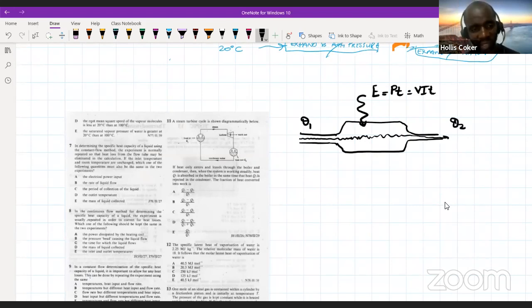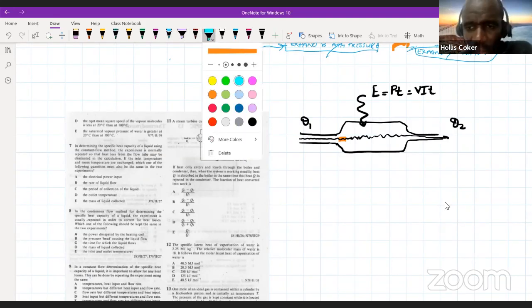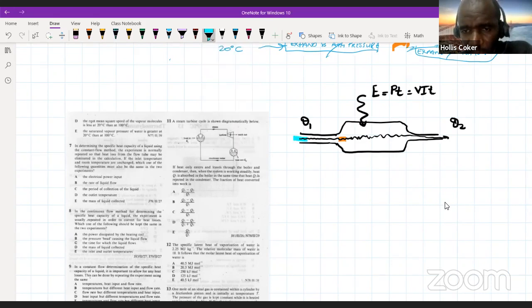Now, what the question is saying is that when you're using the constant flow method, we ensure that steady state is reached. So what actually happens is that the temperatures at every point remain constant, but not the same. As the water is coming through, it comes through pretty cold, at room temperature.